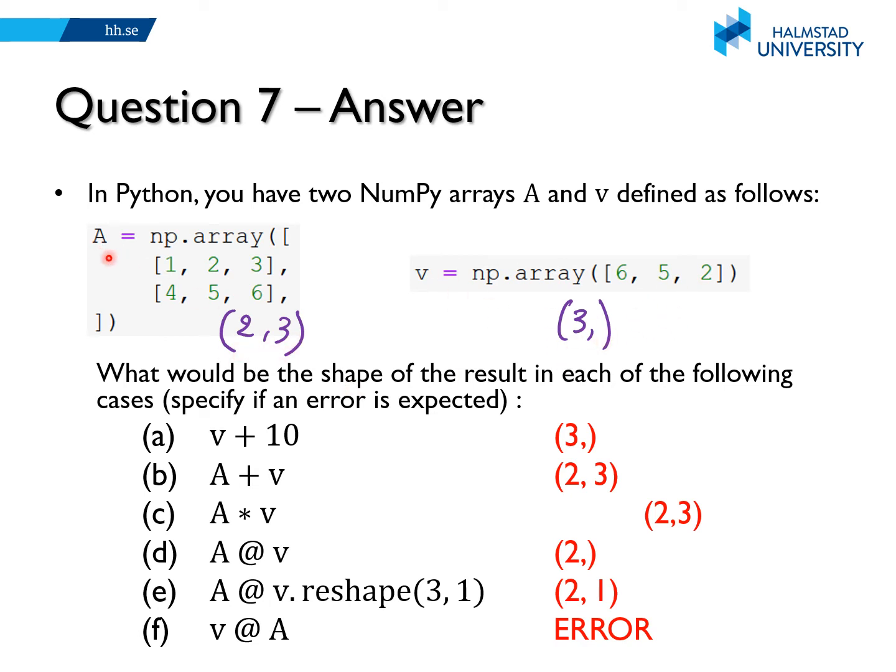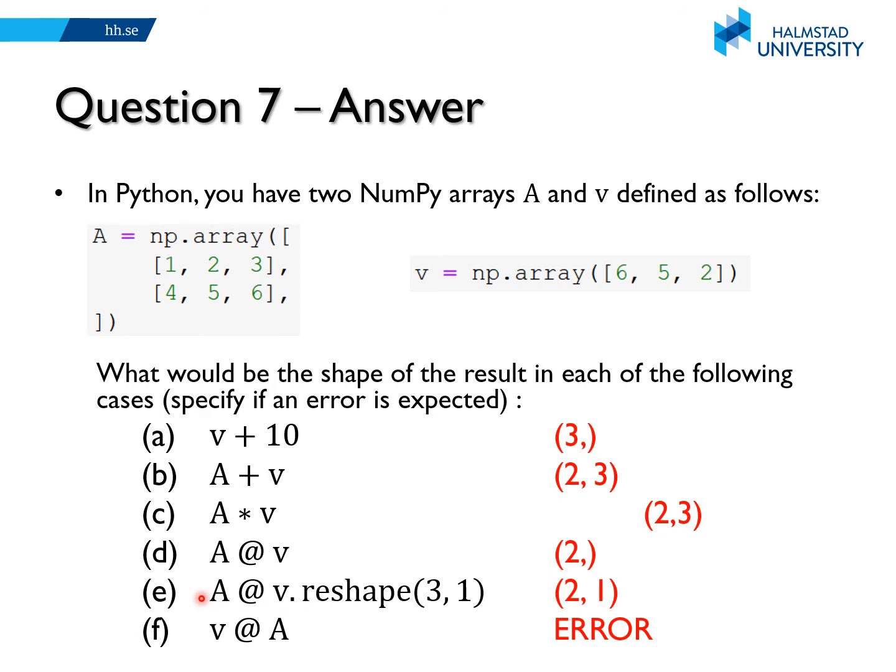But since you want to multiply A and V, the number of columns in A should correspond to the number of rows in V. So Python will automatically consider V as just a column vector, so it has 3 rows, so that this multiplication A with V makes sense. Okay, and so you will get an array of 2 values, right? So the dot product between this and this will be computed, so that's the first value, and then the dot product between this and this, that's the second value. So the result in this case will be just a rank 1 array of 2 values.